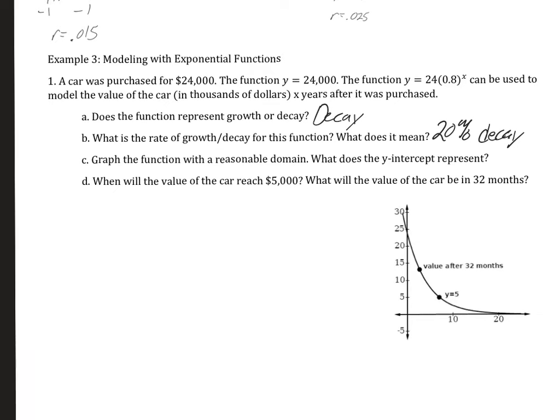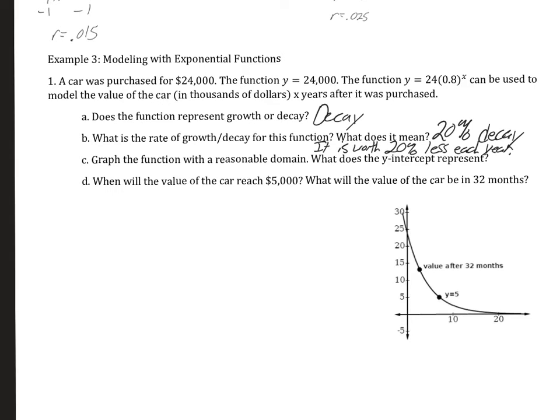So 20% decay means it is worth 20% less each year. But we know that that's how it works with cars. Like, as soon as you buy something, it loses value, okay? So that's just something that you need to know.